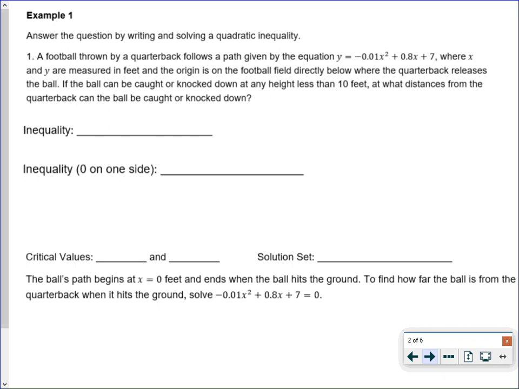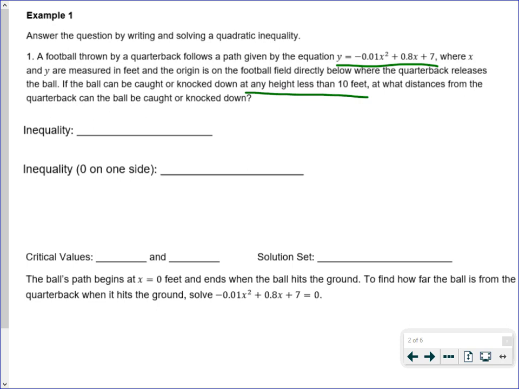Okay, so the important piece of information in this problem is going to be the quadratic equation, and this little segment right here, at any height less than 10 feet. So the quadratic expression is telling us the height of the ball, how high it is, and how far it is away from the quarterback.